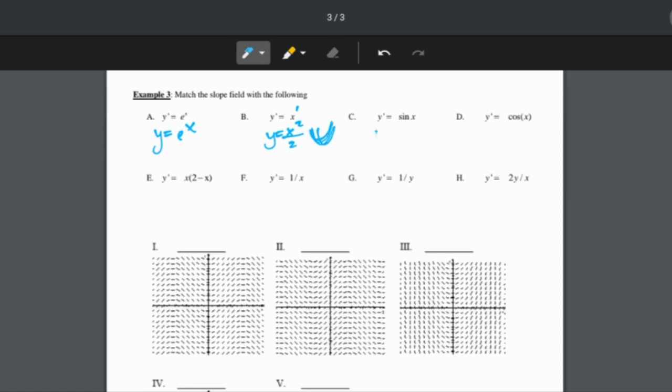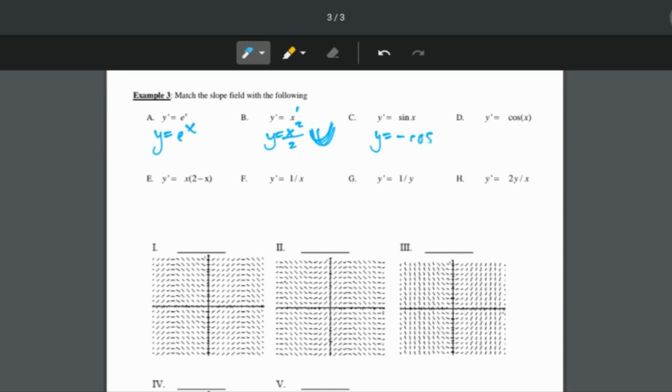Antiderivative of positive sine is negative cosine. So think about what negative cosine normally looks like. Negative cosine would be an upside down cosine, something like that. Antiderivative of cosine would be sine. You guys know sine usually starts on the origin, looks something like that.